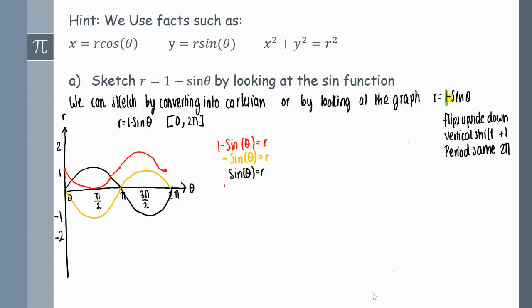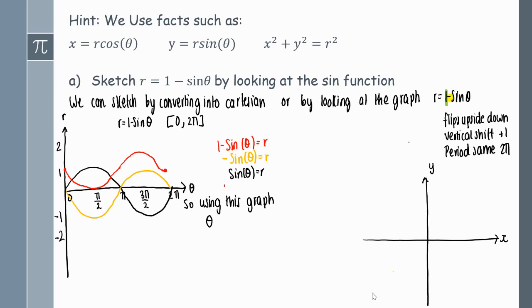Now to convert this to a graph on our Cartesian plane. It could also be a graph on the polar plane, that's fine. But we're going to use this graph in red to help us draw r equals 1 minus sine theta. I'm going to put some points in. When theta is 0, my r on this red graph is 1.